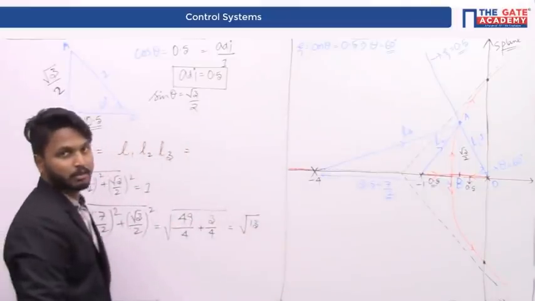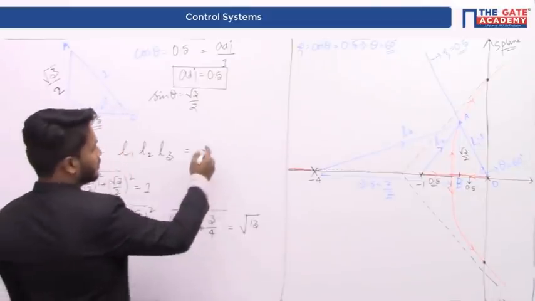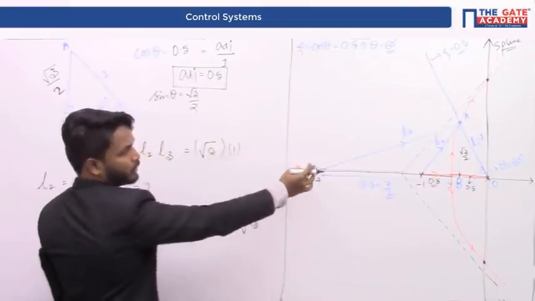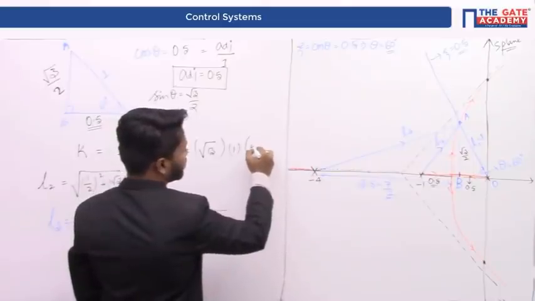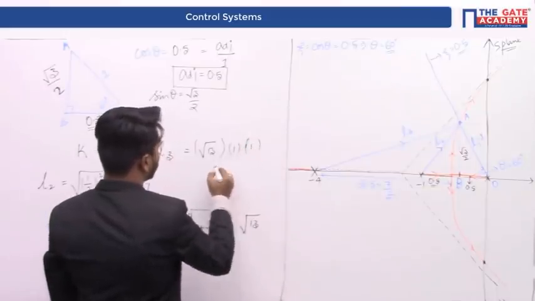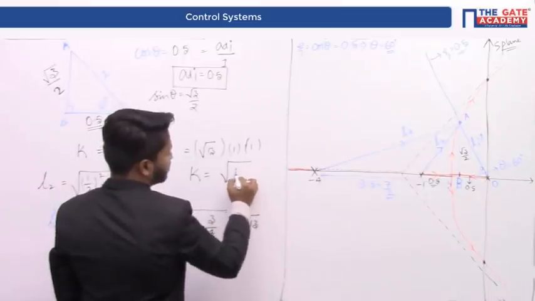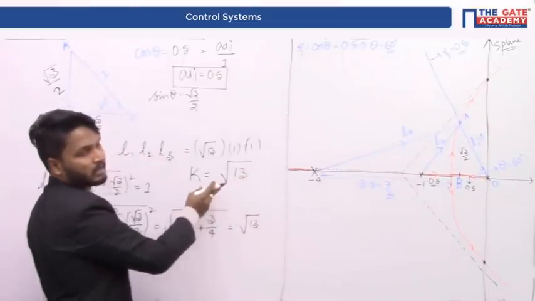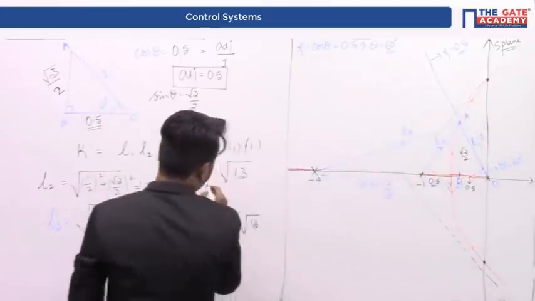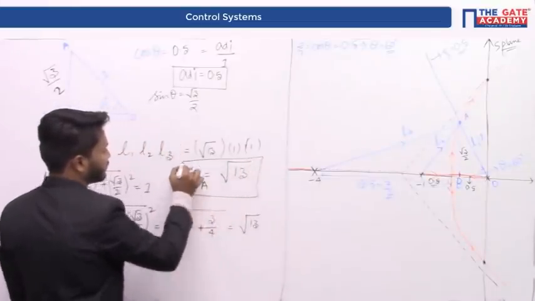Therefore the value of K is root 13 multiplied by L2 which is 1, and L1 which is also 1. Therefore K is equal to root 13. What is this K? K is the magnitude of open loop gain at point A. Therefore, to indicate this, I am writing K with suffix A.